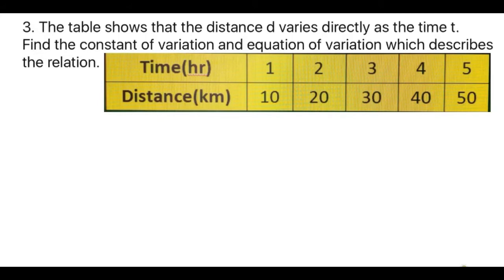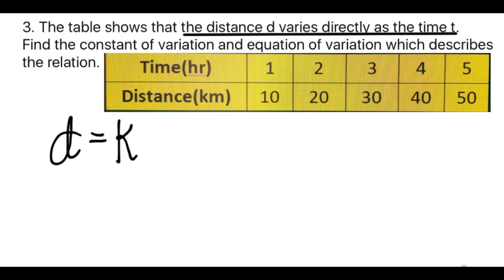So the first thing that we're going to do is to translate the statement, which is the distance D varies directly as the time T. So that would be D equals K times T. And then, for us to get the value of K, we need to use one pair of values from the table. Whichever we pick from the table, it is either 1 and 10, 2 and 20, 3 and 30, and so forth.